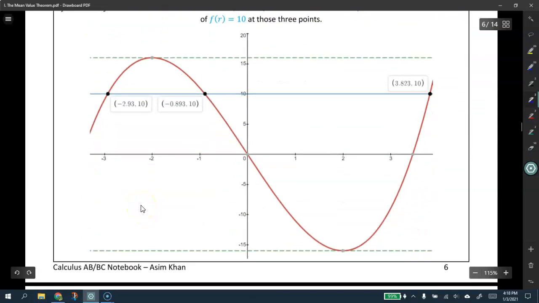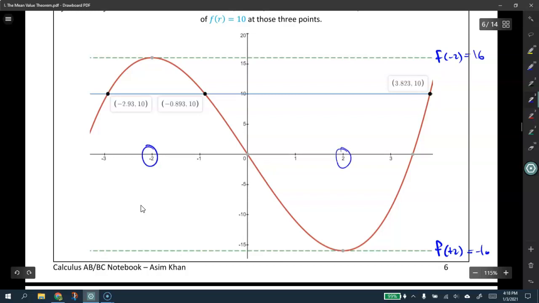And now I want to take a moment and just kind of show you what this theorem really stands for and how useful it really is. So notice how f of +2 is equal to -16, and f of -2 is equal to +16, right? So here's -2, here's +2.